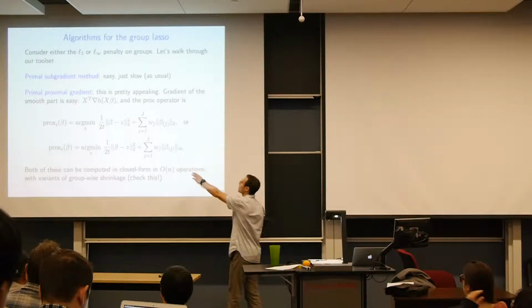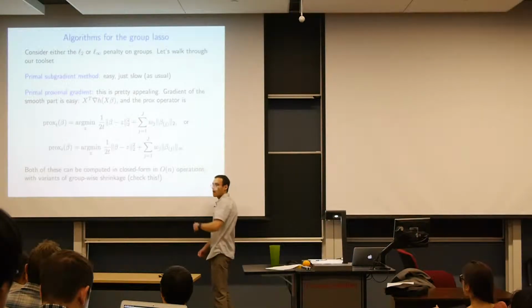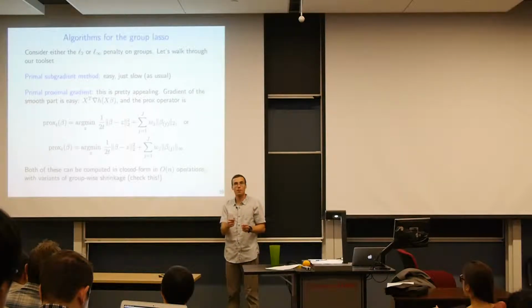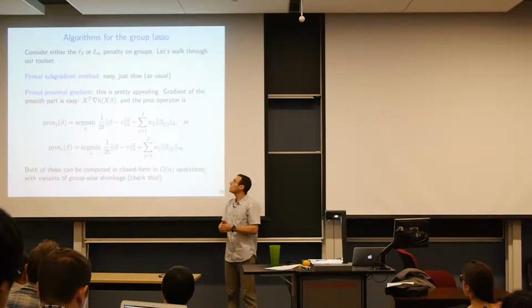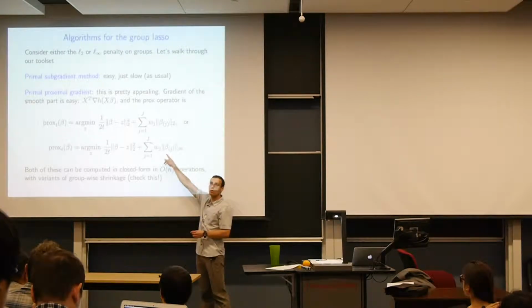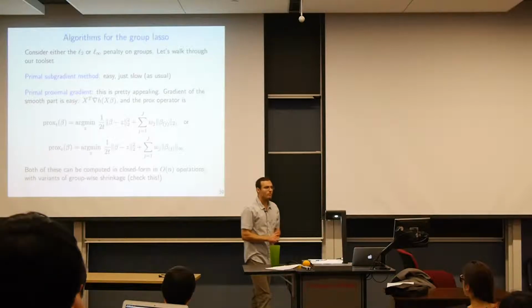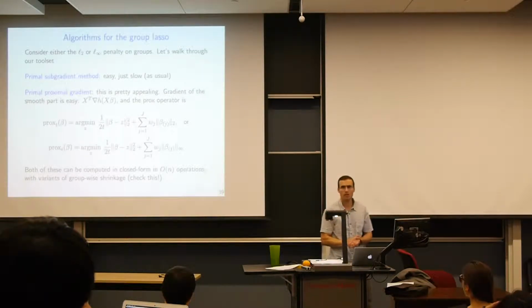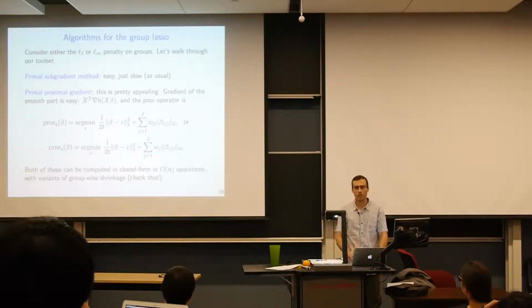So it's either given by this one, in which case I'm literally shrinking all of the components by some factor. That's the prox corresponding to the group lasso with the 2 norm, or this one, which is setting things to 0 in a way that's similar to how soft thresholding does.